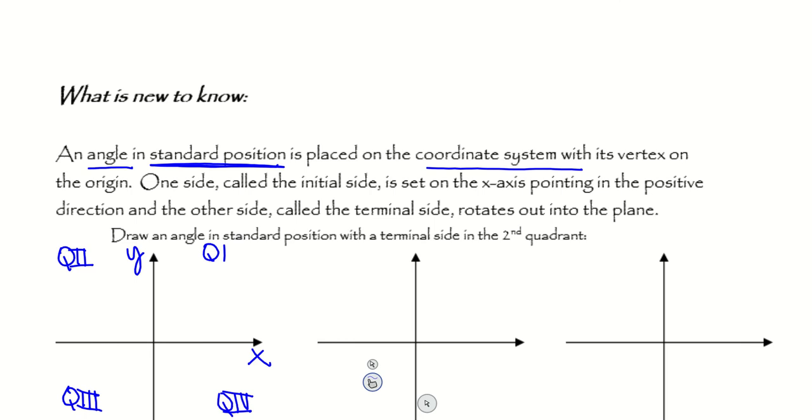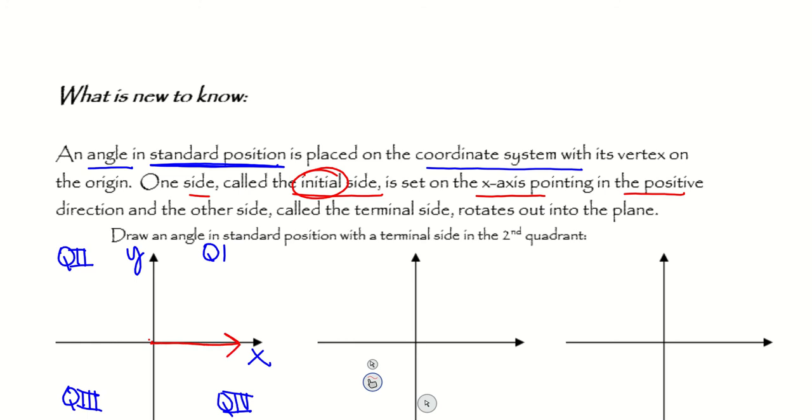So if we're going to draw an angle in standard position, we're going to take one side called the initial. Remember, initial means beginning side, and it's going to be on the x-axis pointing in the positive direction. So my initial side will always be a ray that starts at the origin and follows the x-axis to the right.